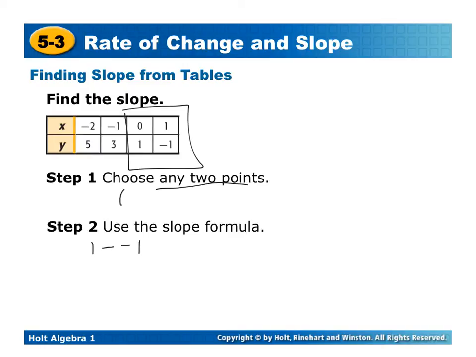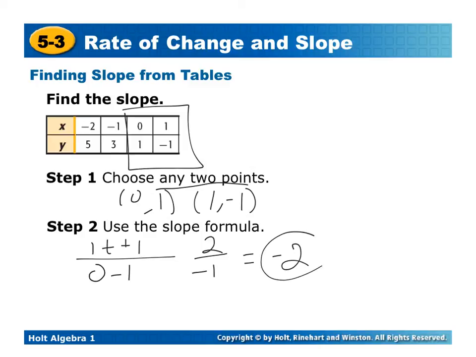Remember, I'm using the points 0, 1 and 1, -1. Since I used that point first, I have my 0 first for x, 0 minus 1. So 1 plus 1 is 2, 0 minus 1 is -1, which gives us a slope of -2.